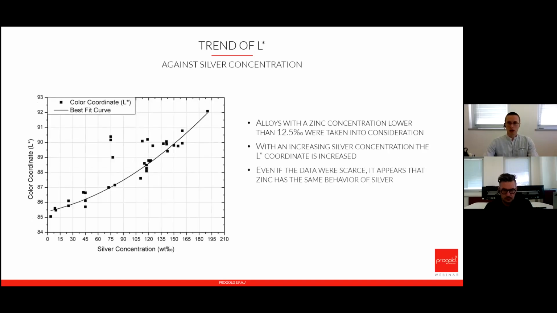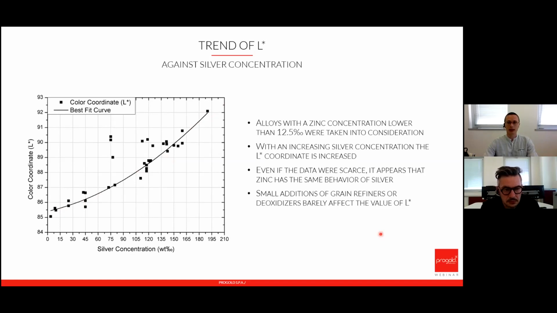Talking about color, we said it's very important as an alloy characteristic. So the colorimeter gives 3 values that are L, A, and B. These 3 values are the coordinates of a 3-dimensional color space. L is the first one, and it represents the brightness of the alloy. A high value of L means that the alloy is very bright and shining. Raising the silver content, this L coordinate is increasing.